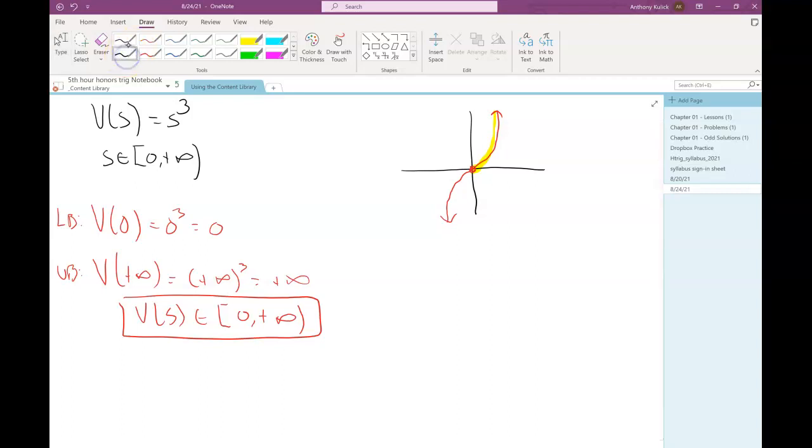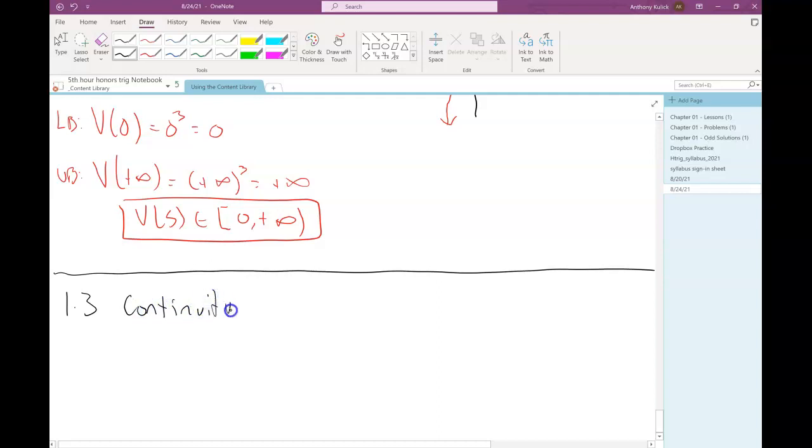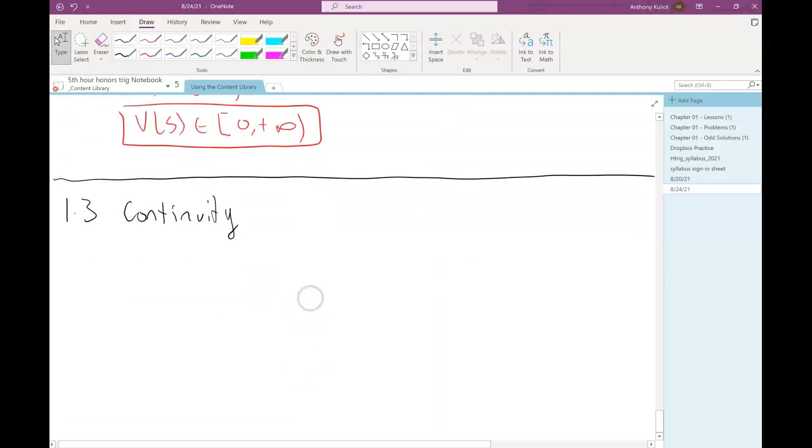Okay. Section 3. This will be the last section we do today. This is on the idea of continuity. So we say that a function is continuous if you can draw it without having to pick up your pencil.